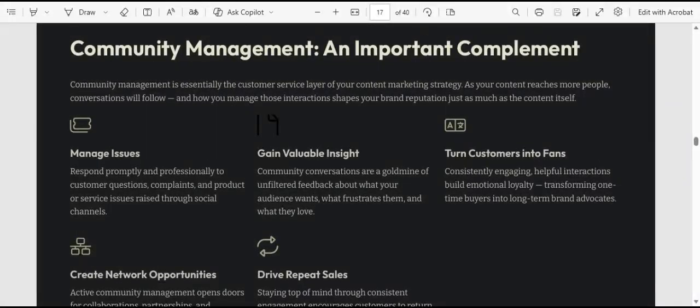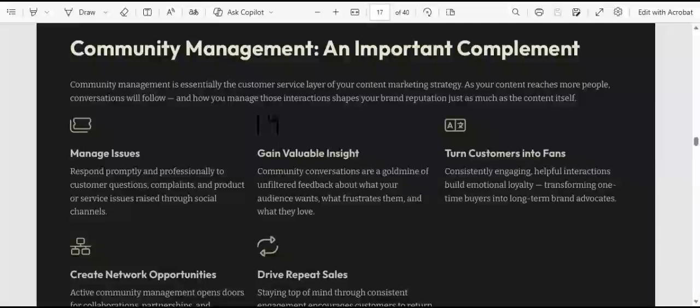Community management is essentially the customer service layer of your content marketing strategy. As your content reaches more people, conversations will follow, and how you manage those interactions shapes your brand reputation just as much as the content itself.